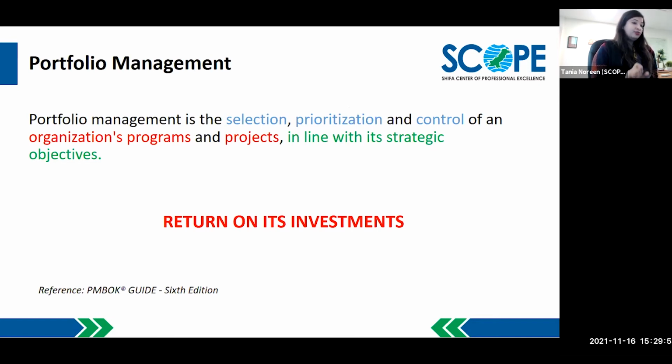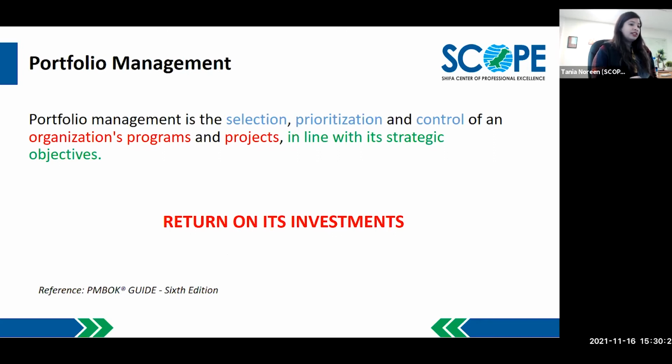And the main agenda of portfolio management is return on investment. We categorize and prioritize the projects or the programs of our organization only to achieve the maximum return on our investments.